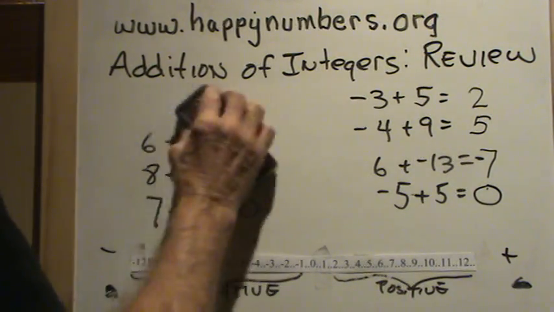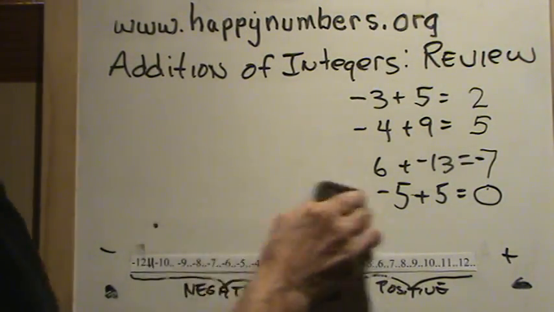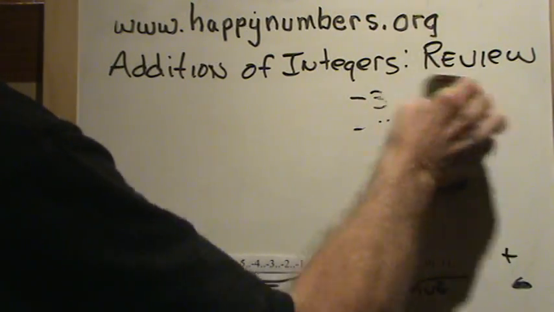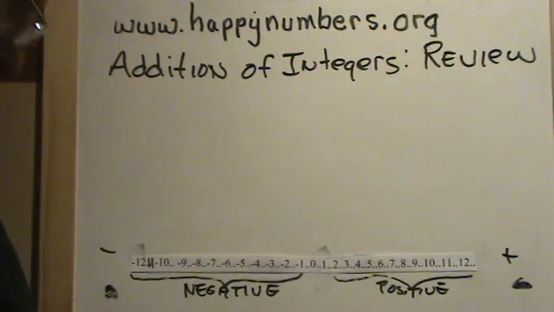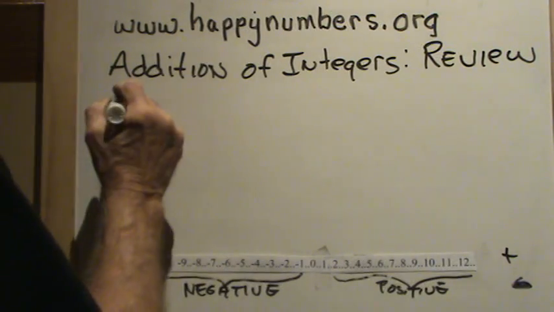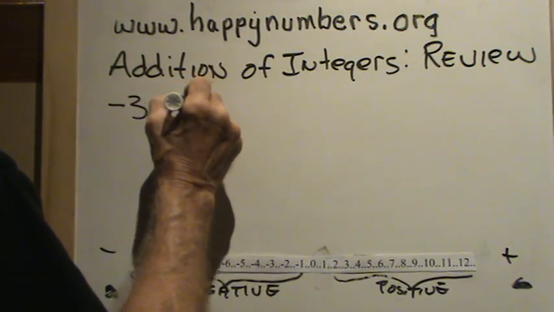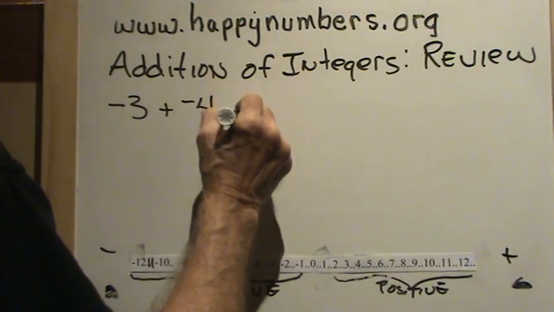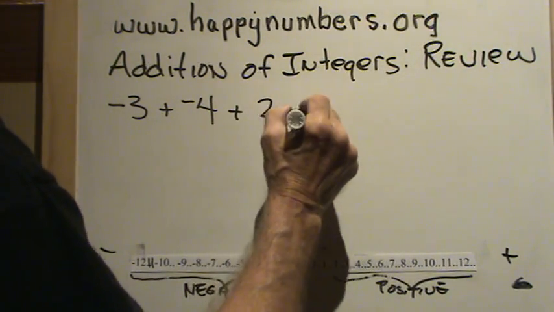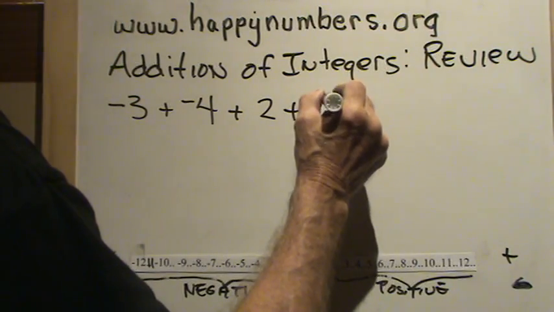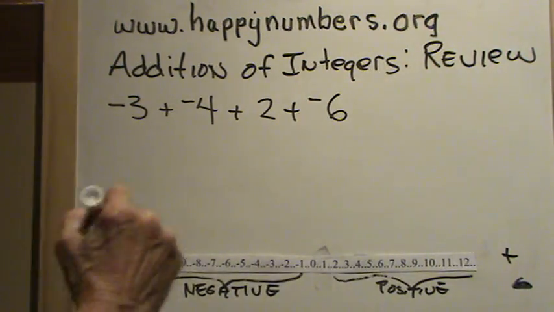Well, good. Let me put some more problems up for you so you can get fairly fluent at doing this. Let's have -3 plus -4 plus 2 plus -6. Oh, 4 different ones.